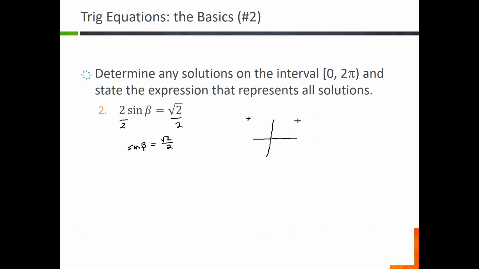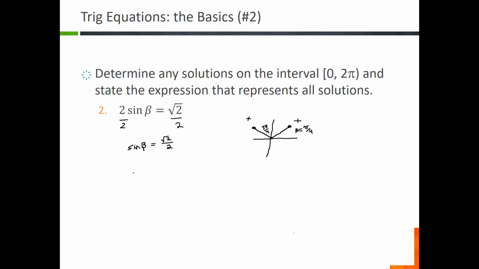And so we know that sine is a positive root 2 over 2 at 2 locations. It will be root 2 over 2 when beta is pi over 4 radians, or when it is 3 pi over 4 radians.